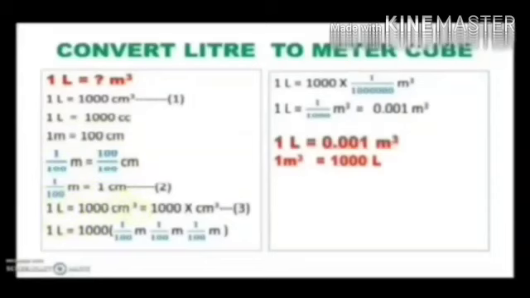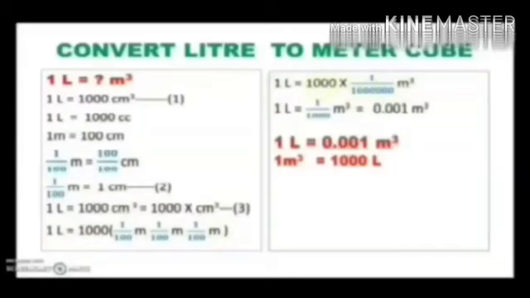Here, centimeter cube means centimeter times centimeter times centimeter. We can substitute 1 over 100 meter instead of 1 centimeter. We get 1 liter is equal to 1000 times 1 over 100 meter times 1 over 100 meter times 1 over 100 meter. We can write 1 liter is equal to 1000 into 1 over 1 million meter cube.